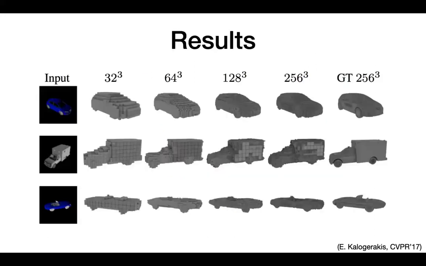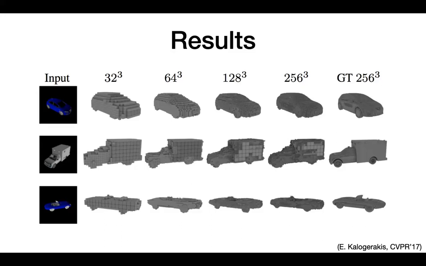And here we see the results, where we can go up to 256 cubed with very good resolution, compared to a ground truth of 256 cubed. And you see that here we have a very good approximation, and it is adaptive, right?